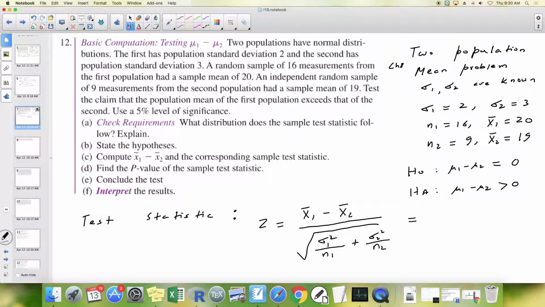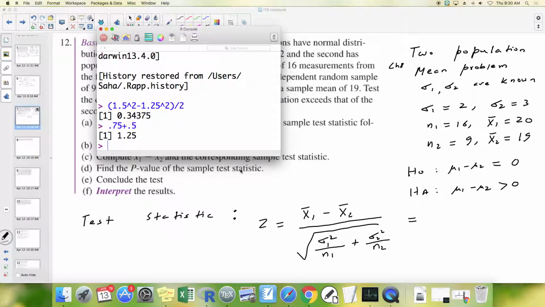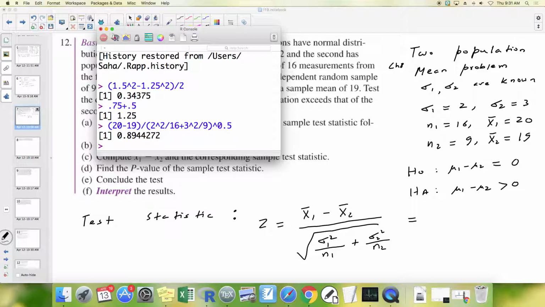Let's calculate what it is. Okay, so that seems correct. So 0.89.